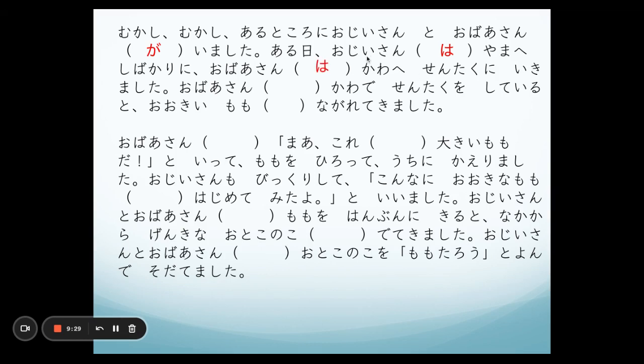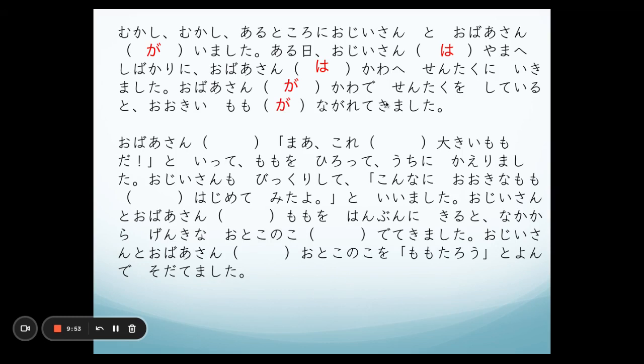Of course, you don't want to mix up おじいさん went to 洗濯, おばあさん went to 山. No. But these are important sentences. So おばあさん. But now, おばあさんが川で洗濯をしていると, because you want to know who was doing the laundry.